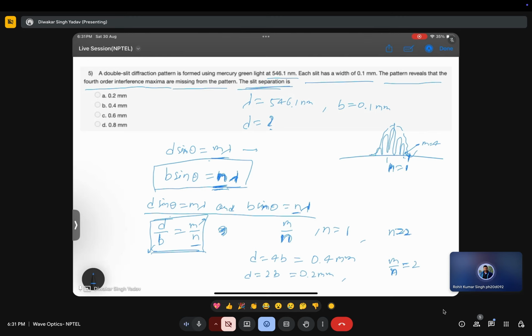There was an easy method to do this. I was working it out with logic. So n equal to 1, we get m by n equal to 4. If n equal to 2, we get m by n equal to 2.